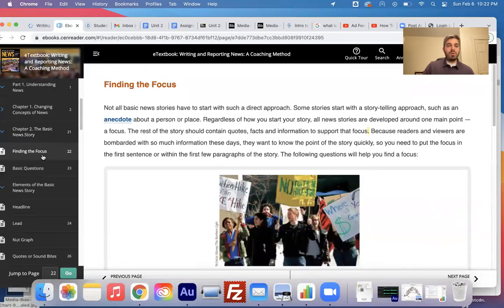Finding the focus. So not all basic news stories have to start with such a direct approach. Some stories start with a storytelling approach, such as an anecdote about a person or place, but regardless of how you start your story, all news stories are developed around one main point. It's a focus. The rest of the story should contain quotes, facts, and information to support that focus.